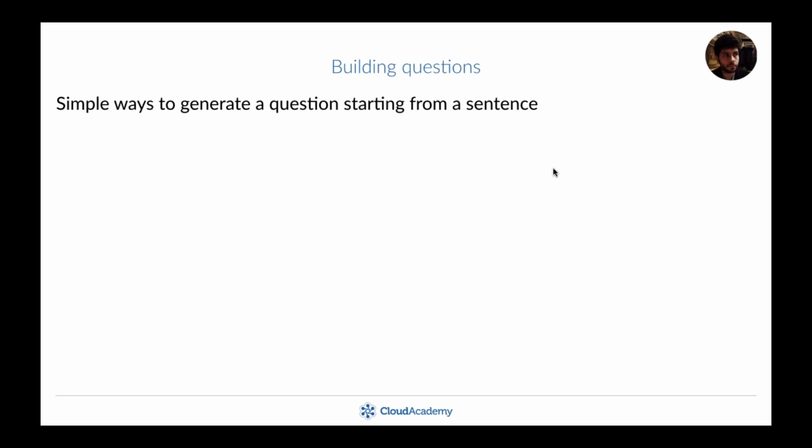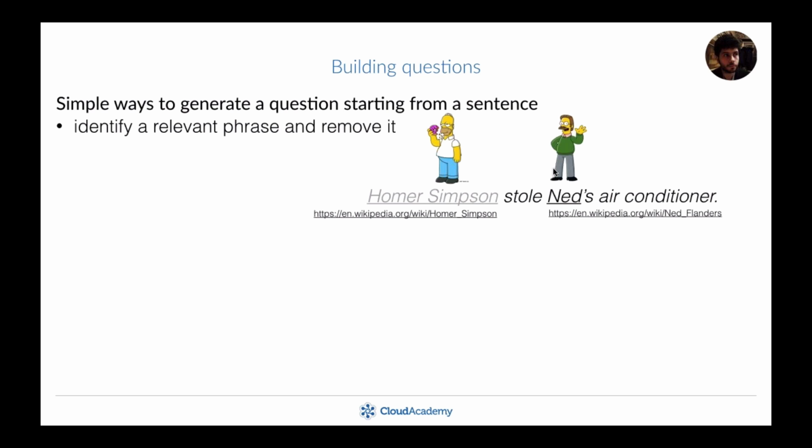So the example that we wanted to show you about how to use these APIs, particularly the entity retrieval and the syntax analysis ones, is to try to build questions about some text. So we start from simple sentences from a text that you can find online or somewhere else, and we try to build something that requires a response or an answer from the user.